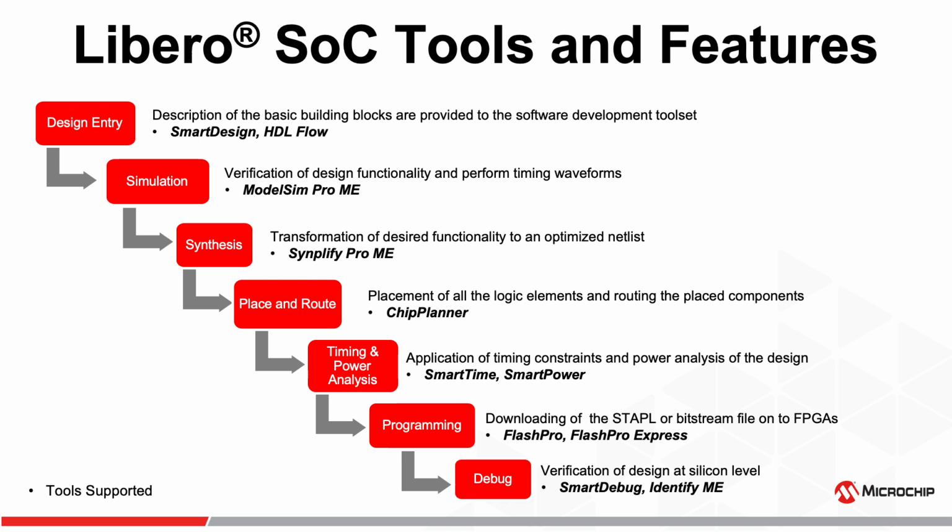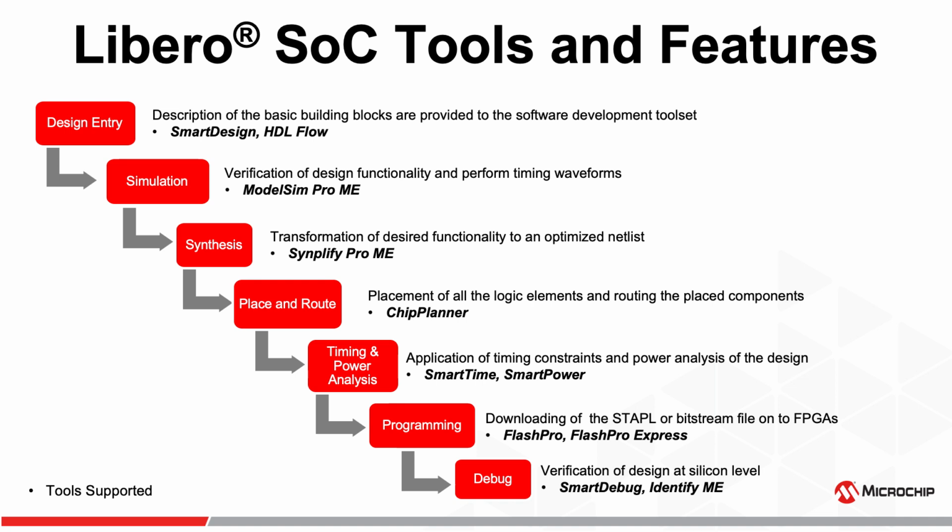Starting from the place and route, you have to use the Libero software because it takes the resources available in the FPGA. Once you place your design and connect the routing, then you do the timing analysis using the SmartTime tool, and you do power analysis using the SmartPower tool.